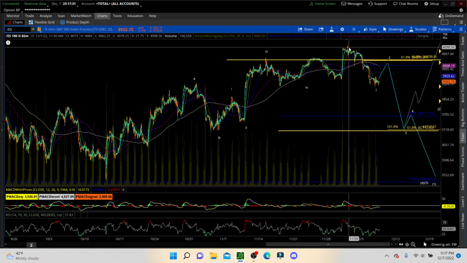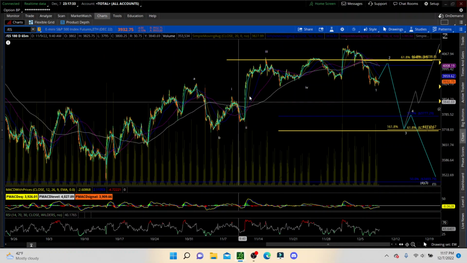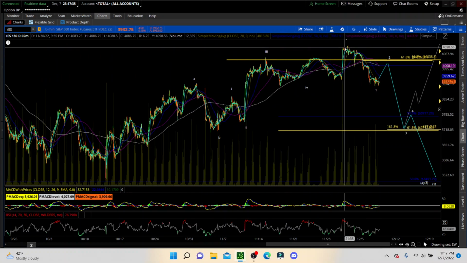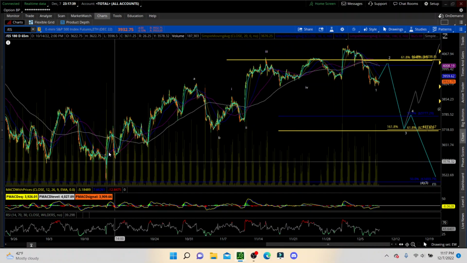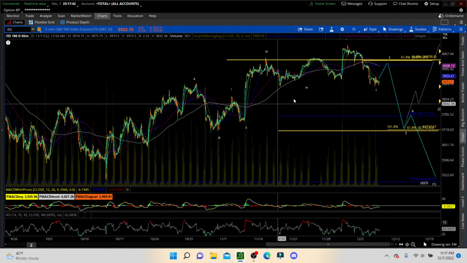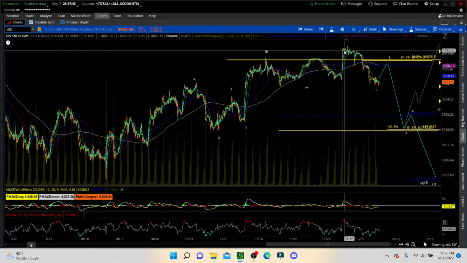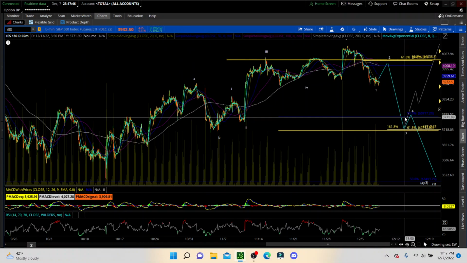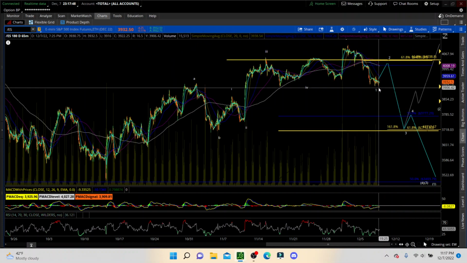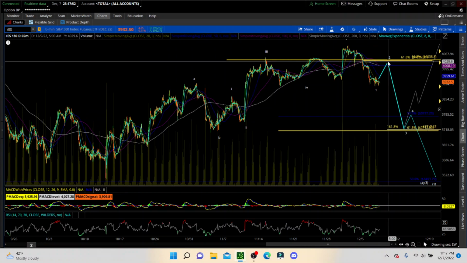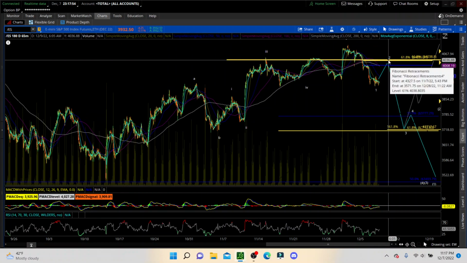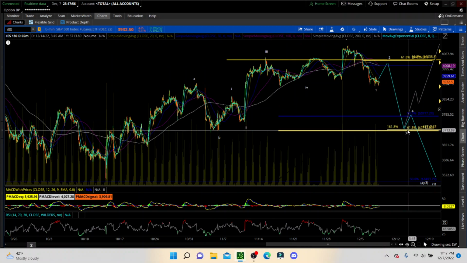So even if you consider this a full wave 1, that's an impulsive move up for a bullish move, and this is the bottom. If you're a bull, this is the bottom. This impulsive wave move up, you have a 3-wave move down. So this would be the first wave as an A in that situation, a B in that situation, and a C, which would be impulsive.